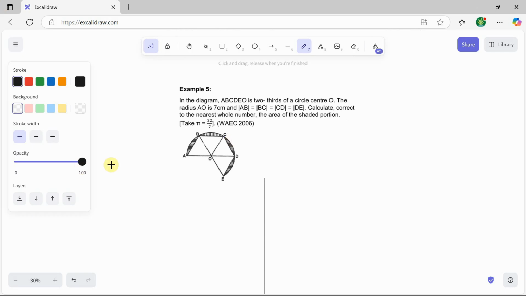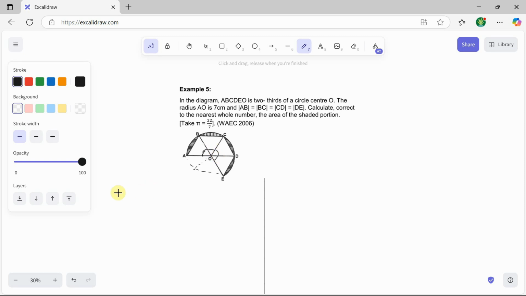So the first thing that strikes me is that if this one is equal to this one is equal to this one, these are all radii. So all these angles here are going to be equal. And if I extend this place here, you see that the circle was actually cut into 6 different parts, 3 at the top, 3 at the bottom, meaning that all these angles are going to be equal.